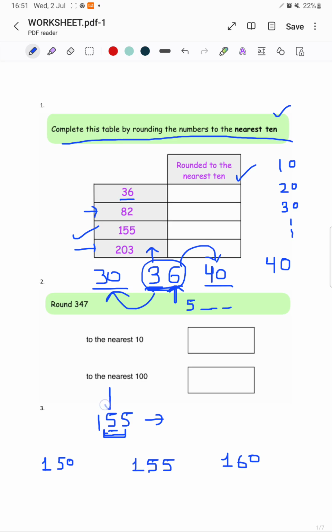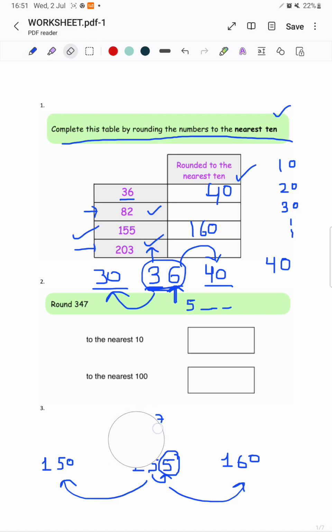Because we have to round to the nearest tens, the next digit will decide whether we move to the lower side or the higher side. This digit is 5, the digit next to the tens place on the right side, so we will go to the higher, and this number will result in 160. I am leaving these two questions for you to try on your own, and if you have any doubt you can comment in the comment section.